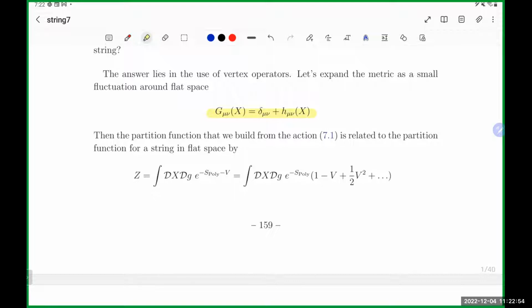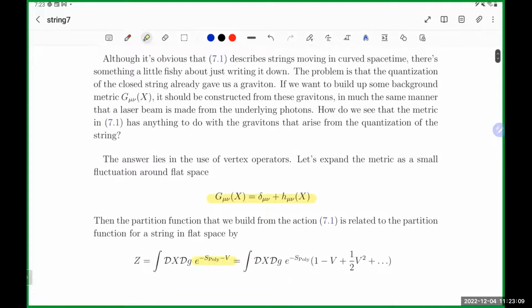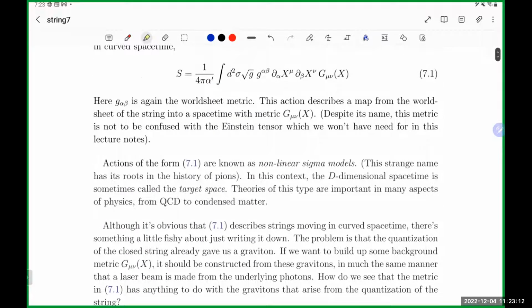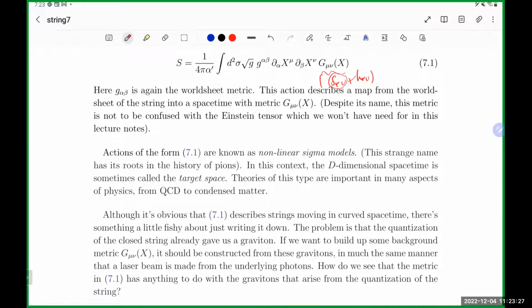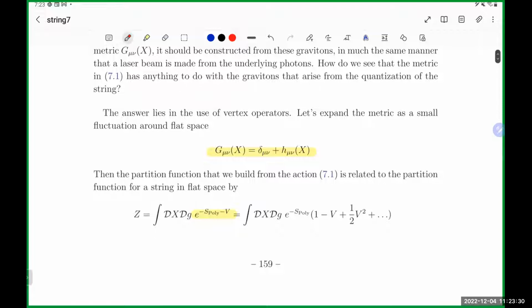Good. So now I can compute the standard partition function path integral, dX dg, of course, e to the minus Polyakov minus V. What is e to the minus Polyakov minus V? Because we just said that this g mu nu is delta mu nu plus h mu nu, when I take e to the minus this, this part of it is Polyakov.